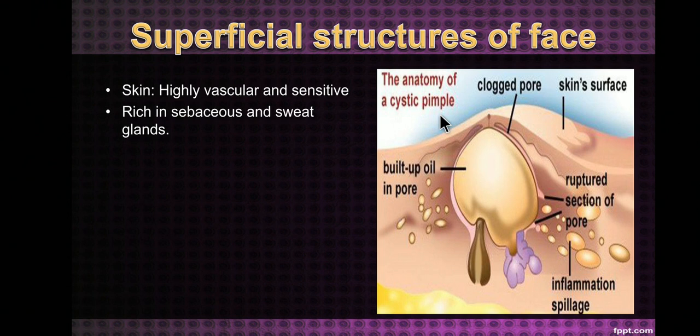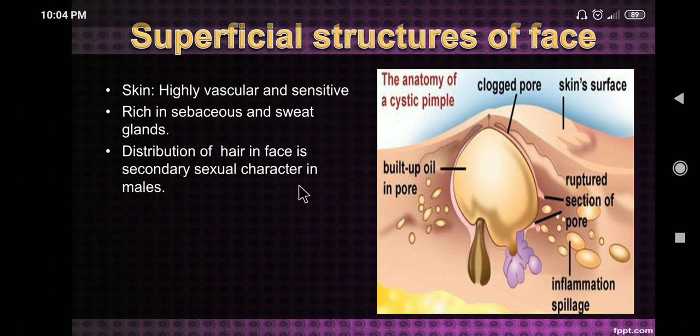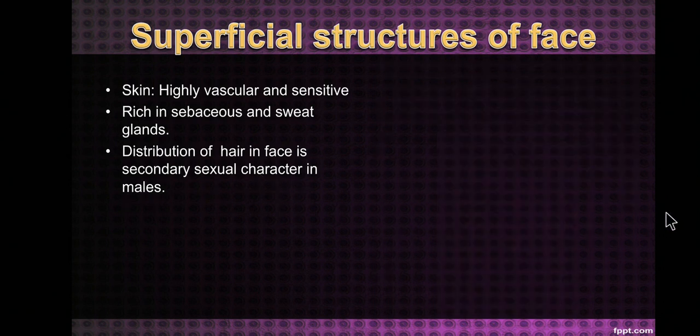Now this is mainly hormonal, because acne usually appears at the time of puberty when there is a surge in the hormones. Again, the distribution of hair on the face, mainly as the beard and moustache, is seen in the males, and that is also post-pubertal. It is a secondary sexual character, especially in males.